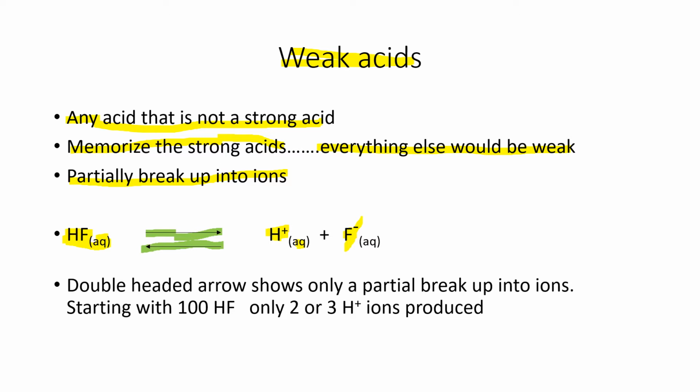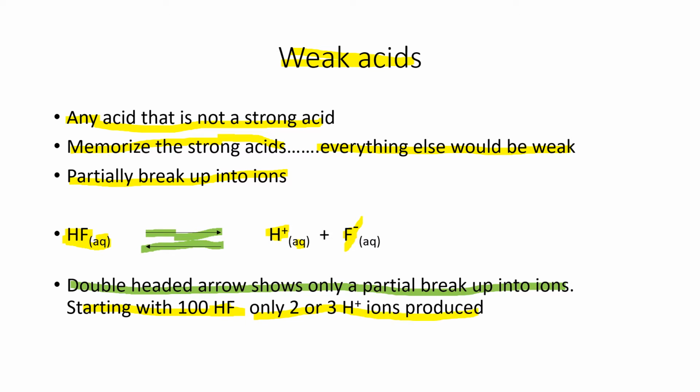Remember what this double-headed arrow is showing you. The double-headed arrow shows only a partial breakup into ions. Remember, this partial breakup heavily favors the side with no ions, such that if you started with 100 units of HF, only about 2 or 3 of those are going to break up.